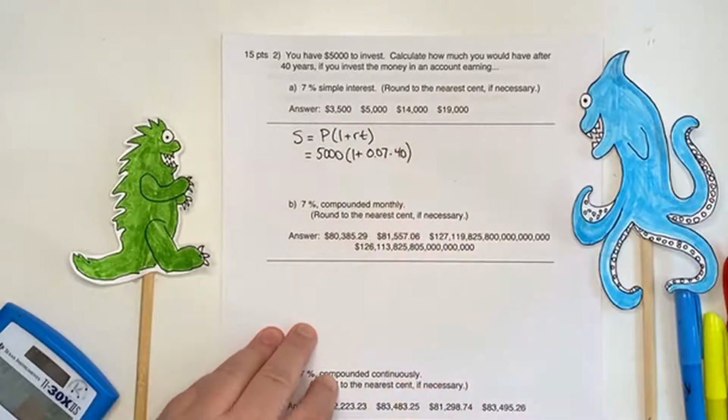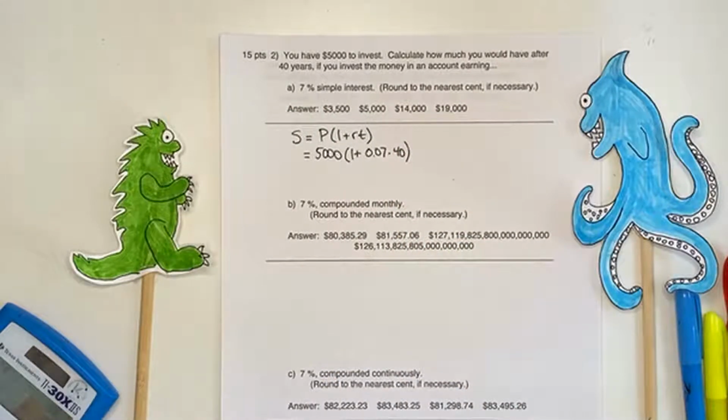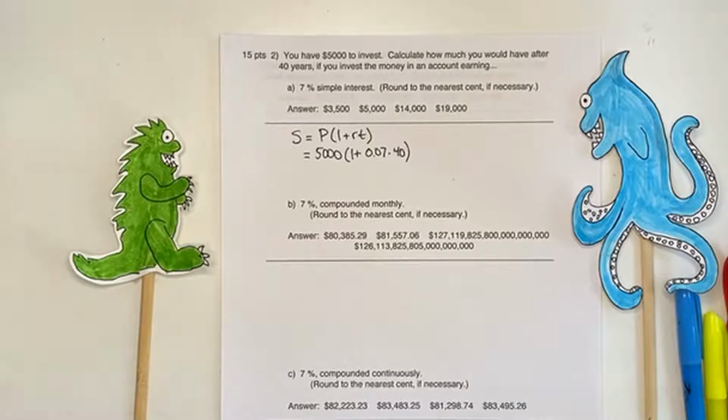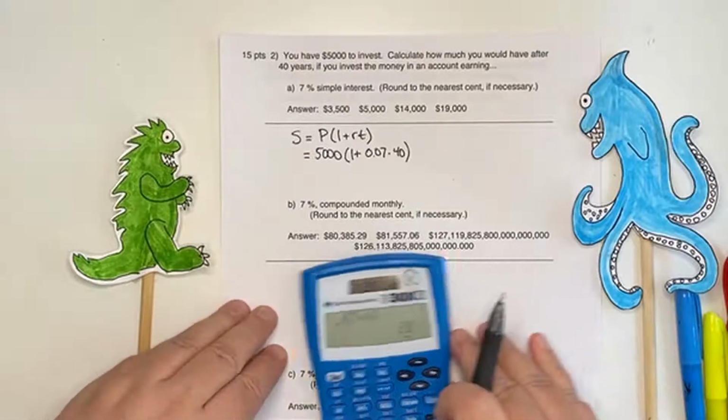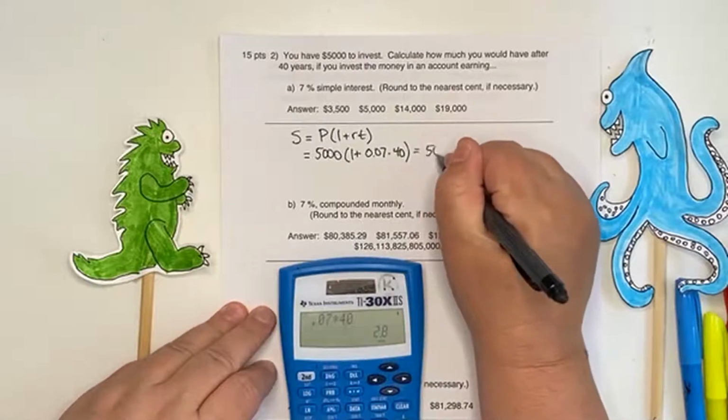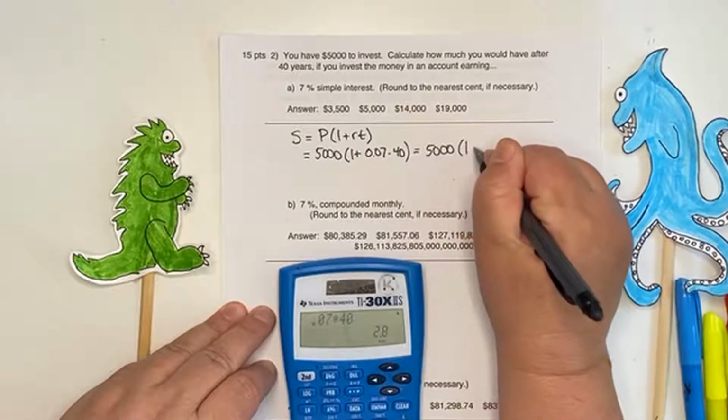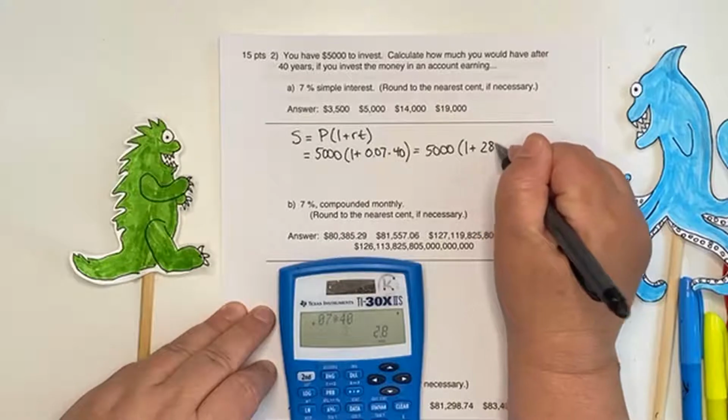Remember, with simple interest, we don't have to worry about months or weeks or anything. We're looking at just the years. So let's see. 0.07 times 40 is 28. So this is going to be 5,000 times 1 plus 28.